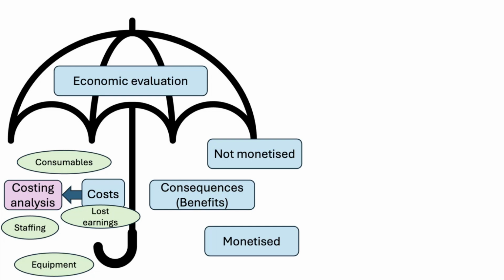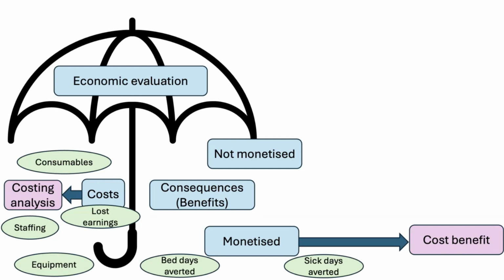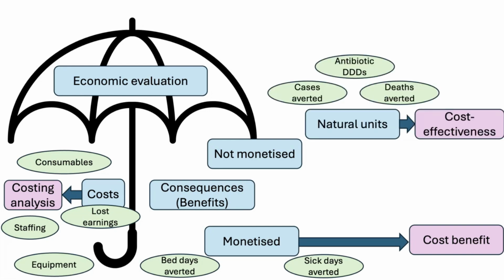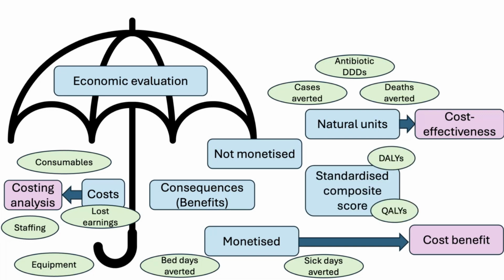And the benefits that might be considered could be monetized or non-monetized, and depending on whether they are considered in a monetized form, such as a cost-benefit analysis, or a non-monetized form, which could be a cost-effectiveness or a cost-utility analysis, these are different evaluation structures.